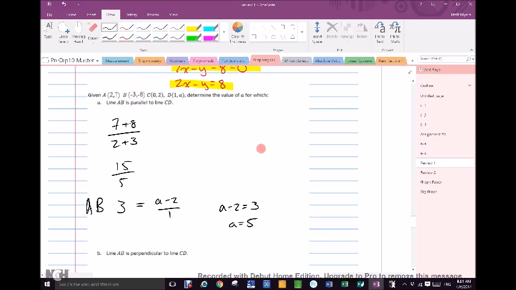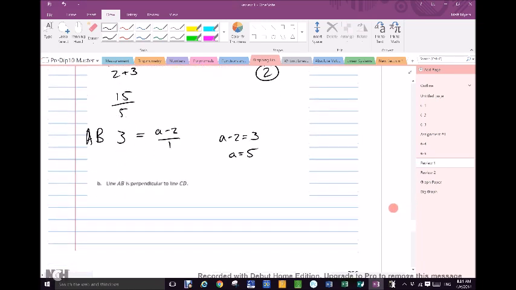Yeah. I will allow you 2 marks there because some of you may have graphed it. I hope you didn't, but you may have. If it is perpendicular, what happens to this 3? It becomes negative 1/3. A minus 2 over 1, which is negative 1, equals 3A minus 6.